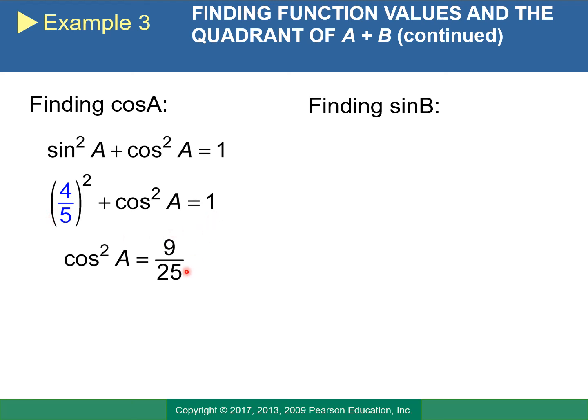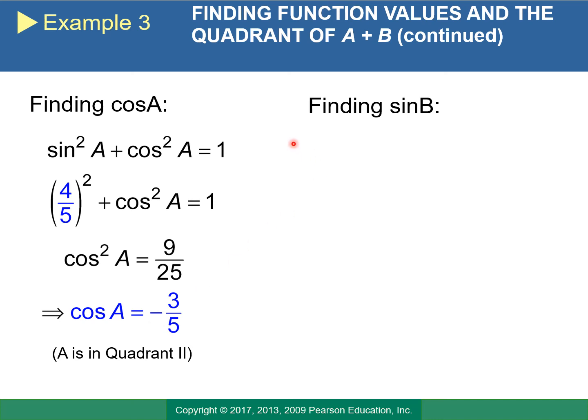That's where the 9/25 comes from. Then you take the square root of both sides, and technically you get plus or minus 3/5, but we were told A is in quadrant 2, and cosine is negative in quadrant 2, so we pick the minus version of this answer.